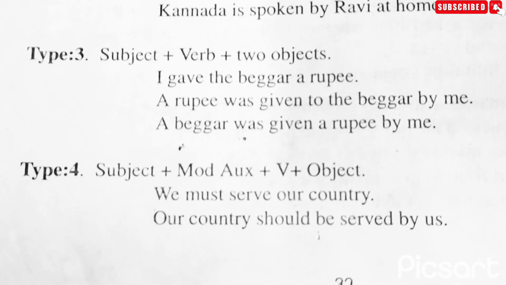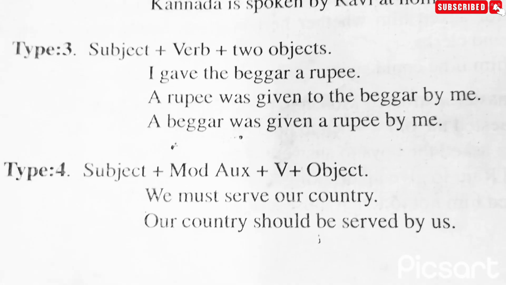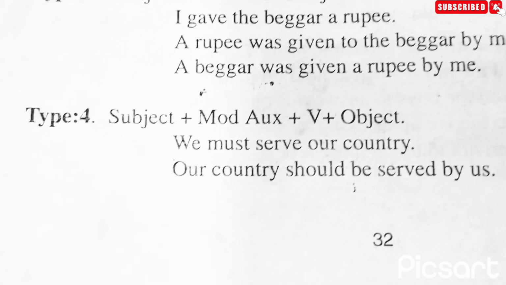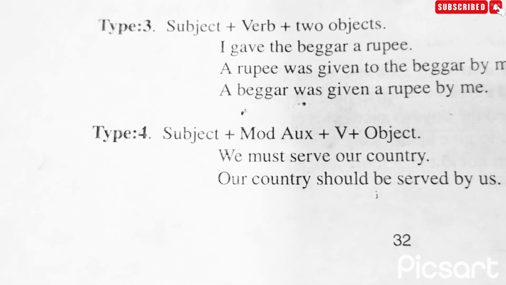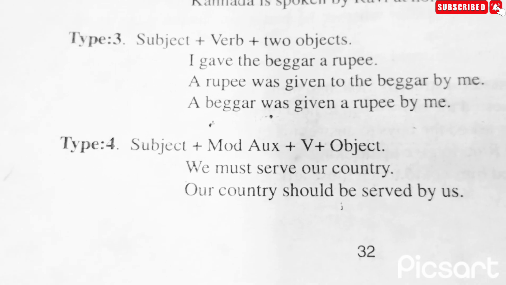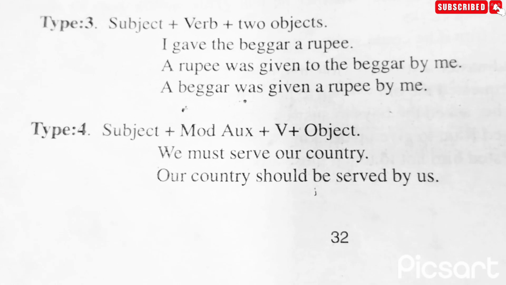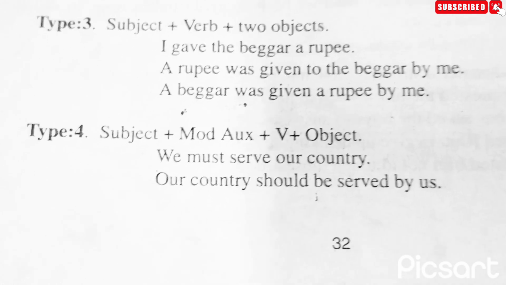Next, we go to type 3. Here, subject plus verb plus two objects. Whatever it may be, you take one object as a subject and the other object is used like a complement.